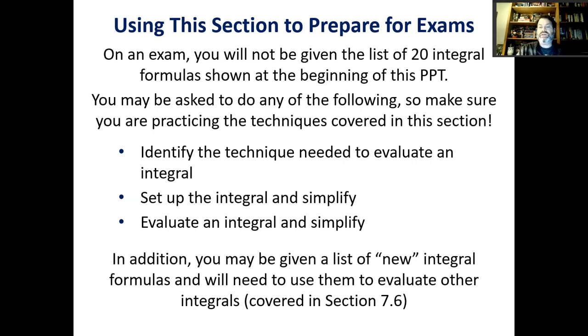I might have you just identify the technique to do it, or the form. I might have you set it up and just simplify. I might have you evaluate it and simplify, or some combination of those things. In addition, you will be given a list of new integral formulas and use them to evaluate other integrals. So there's even more to learn in chapter 7.